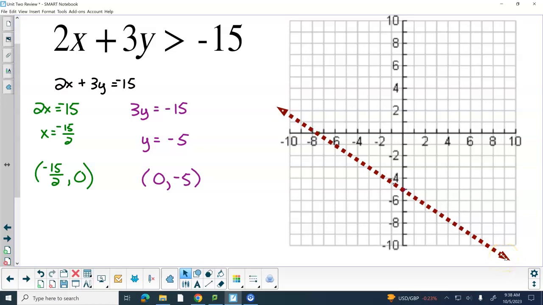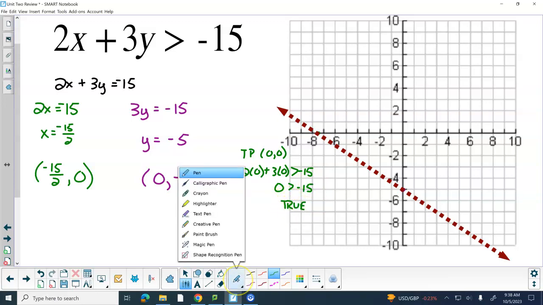Did we go through the origin? No, we did not go through the origin, so we can test point the origin. 2 times 0 is 0. 3 times 0 is 0. 0 is greater than negative 15. That is true.